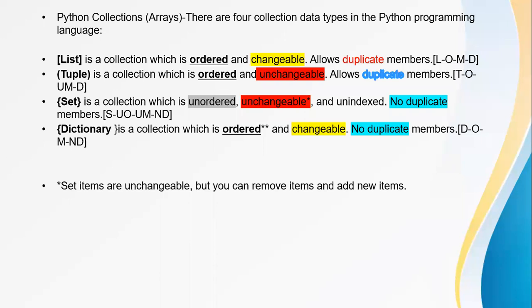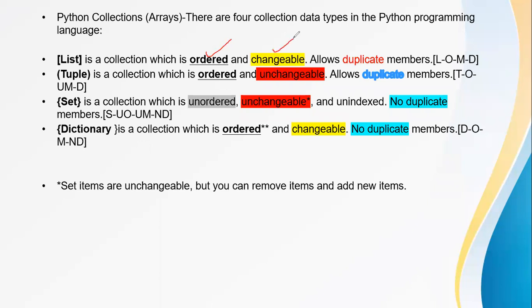When I take a list, naturally, let me take marks. Marks will be in order, right? Student number 1's mark, student number 2's mark, student number 3's mark, right? So list is always ordered.